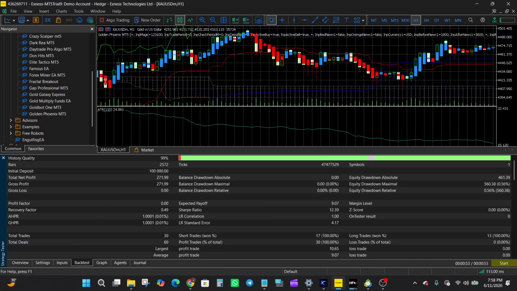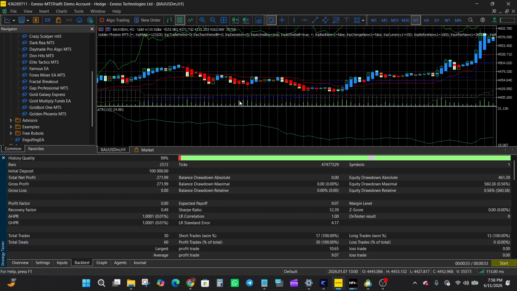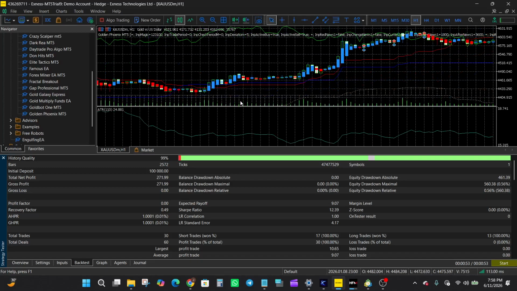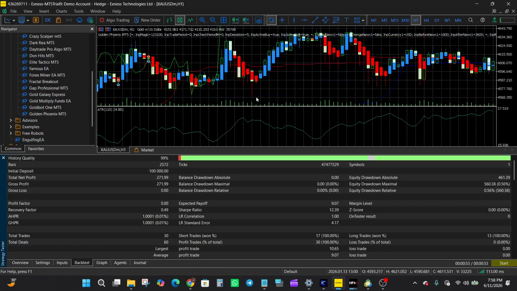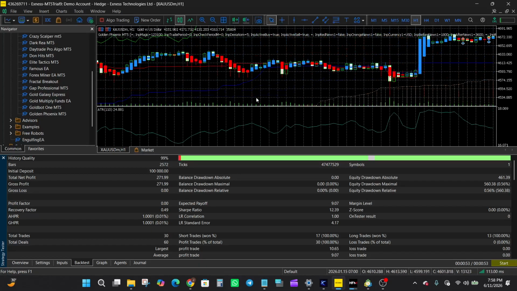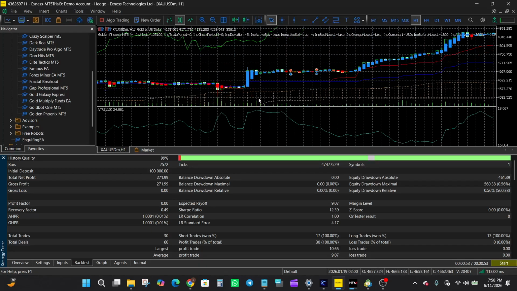So looking through the completed historical analysis, we can observe how position management and volume settings may have affected the trading sequence during different market phases. Now, the presence of martingale related parameters and distance based position controls suggest that risk settings can have a significant influence on historical testing performance.